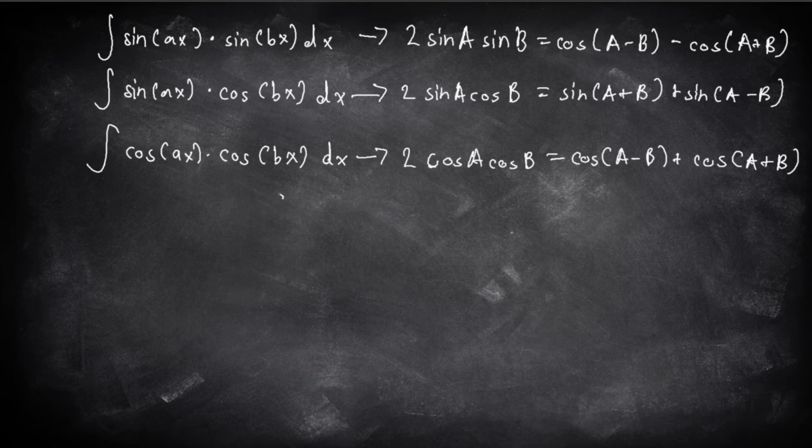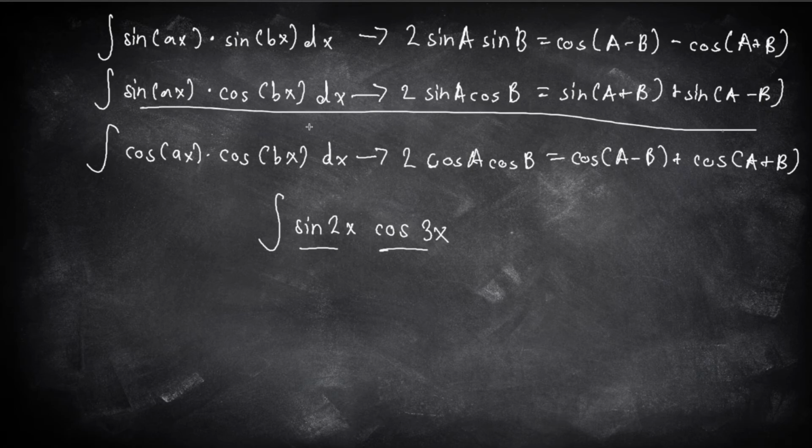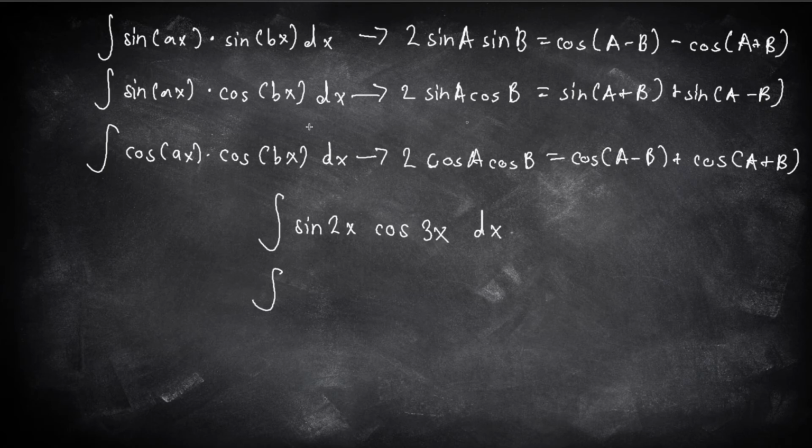We have the integral of sine of 2x times cosine of 3x. So we have a sine and a cosine, so we're using this one. Using this identity, we can combine it: A plus B, 2x plus 3x, is 5x.